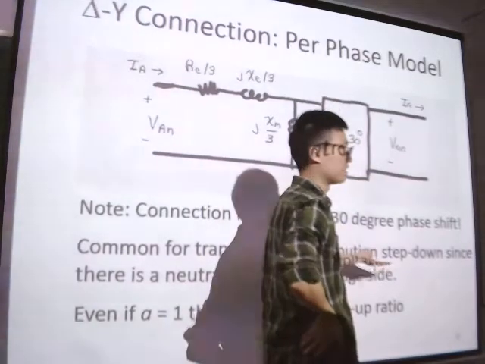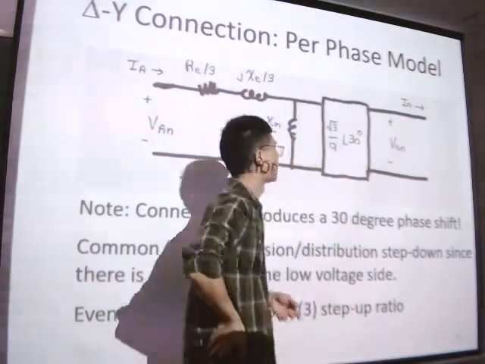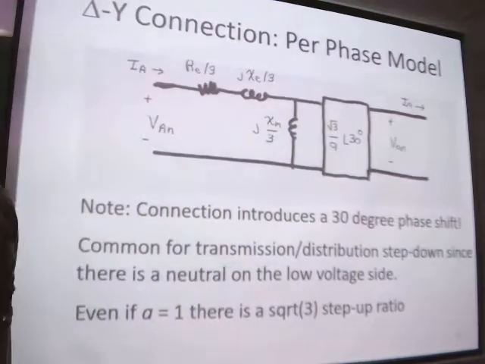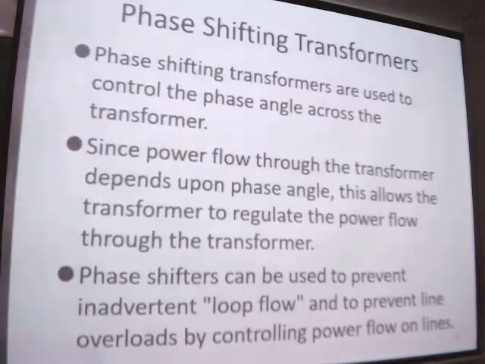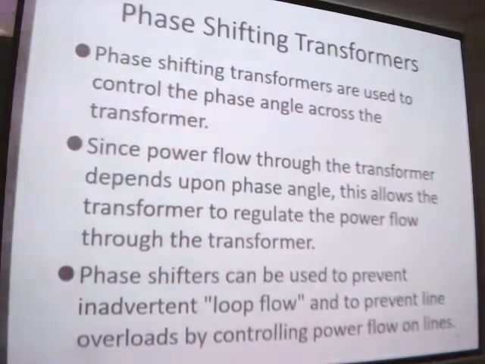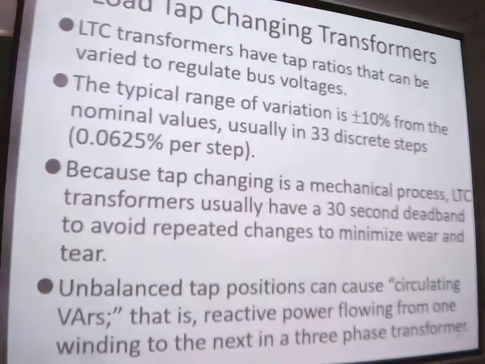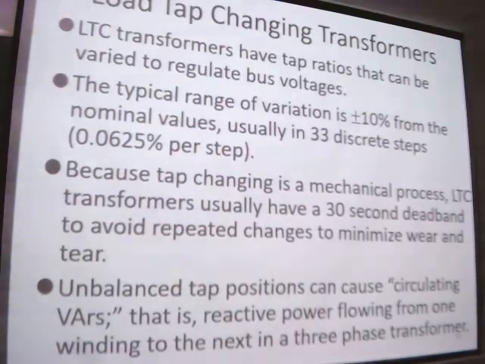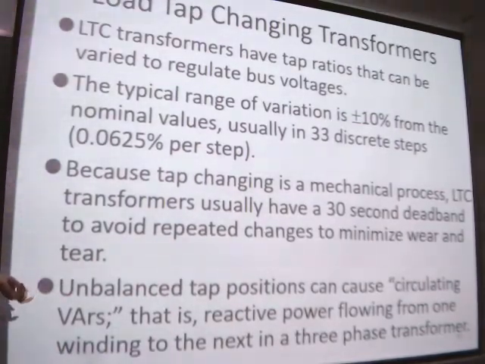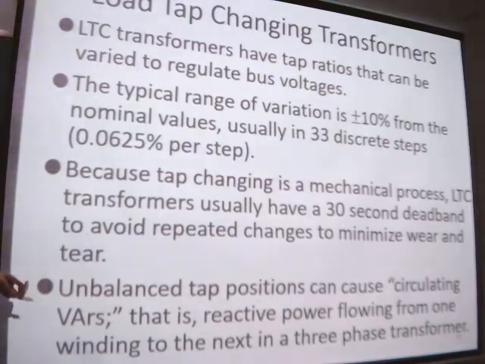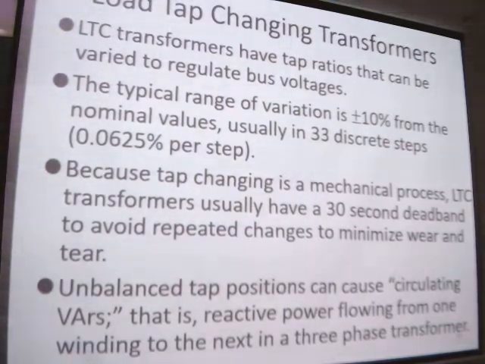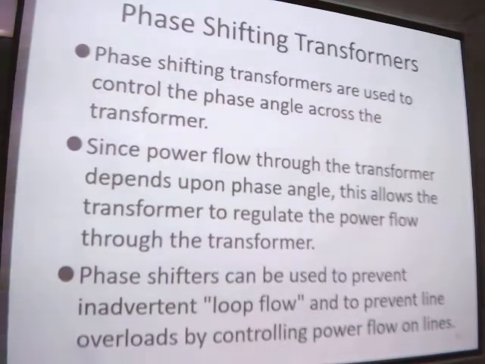That's where there will be a shift of 30 degrees, okay? So the phase shifting transformer is used to control the shift angle, okay? So the LTC is to control the magnitude, okay? Because it controls the turn ratio of the windings, okay? But the phase shifting transformer controls the phase angles.